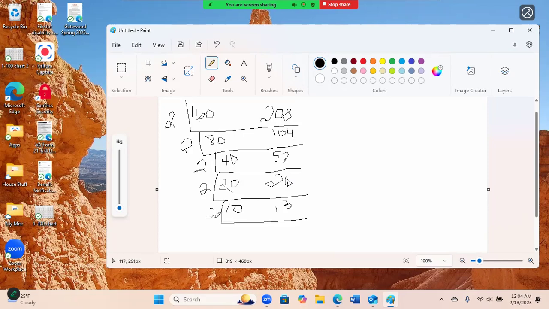So we'll go 2, the lowest factor. 10 divided by 2 is going to be 5. And we're just going to bring this 13 straight down. So 5 and 13 are the lowest prime numbers for these numbers.